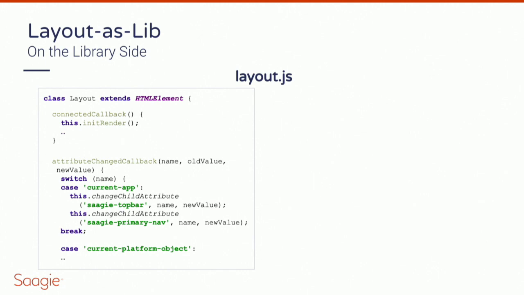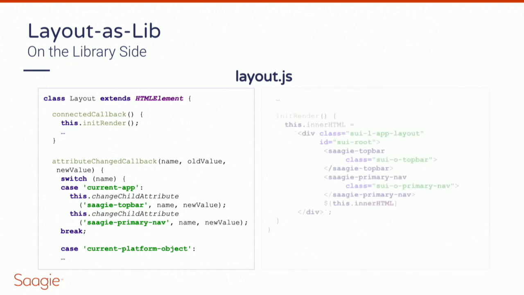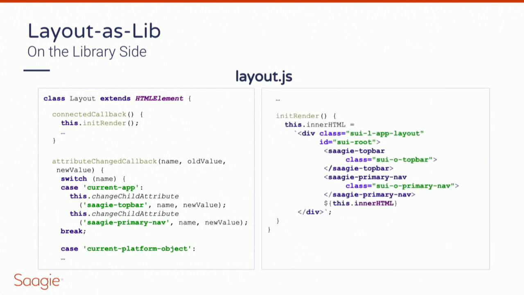And maybe you noticed that the layout class has no render method. Instead, it has an initRender method. Even if the markup looks very, very similar to the one we've seen in the first try. And it's true that it's almost exactly the same, except that this inner HTML you're seeing there actually is our existing governance application.